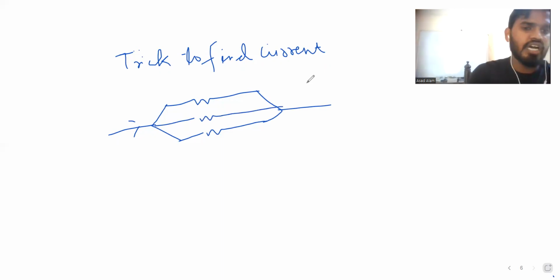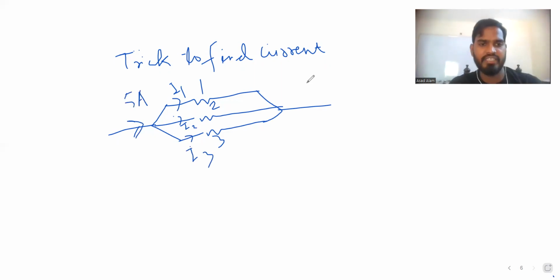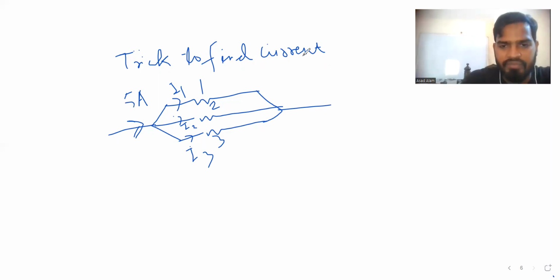Let's take this as 1 ohm, this 2 ohm, this 3 ohm, with currents I1, I2, I3. The total current is given as 5 ampere. Now they are asking to find currents I1, I2, I3.